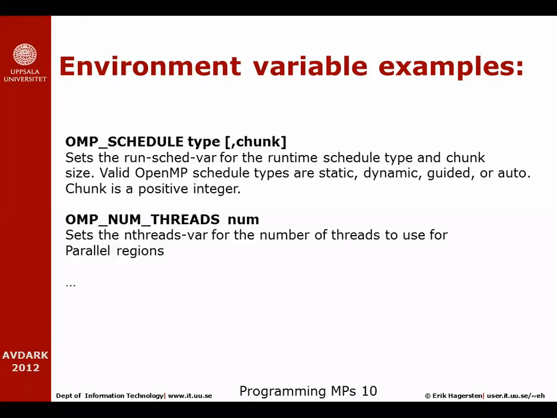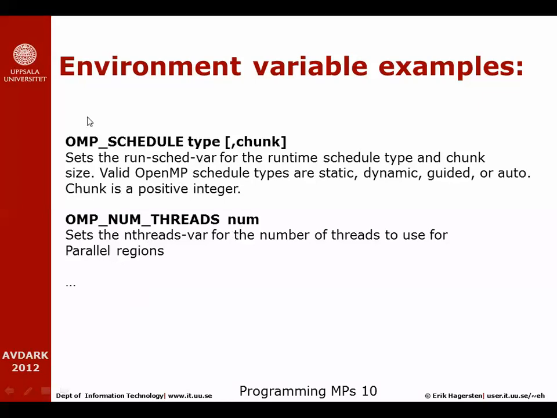You just set this environment variable, you run your code, and then you can change this variable and run your code again, and now the program will behave in a different way. So if you set OMP_NUM_THREADS to 1, execute a.out, then you get a sequential execution, and then you set OMP_NUM_THREADS to 10, and you run a.out again without recompiling it. Now suddenly the runtime system will create 10 threads for you.